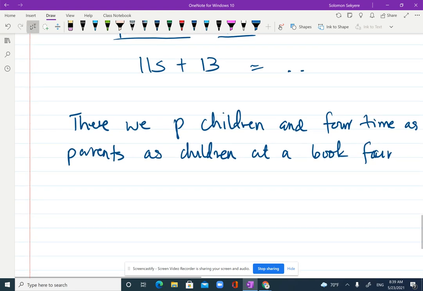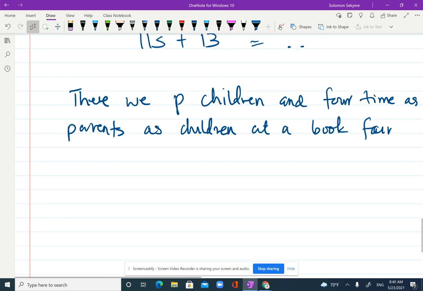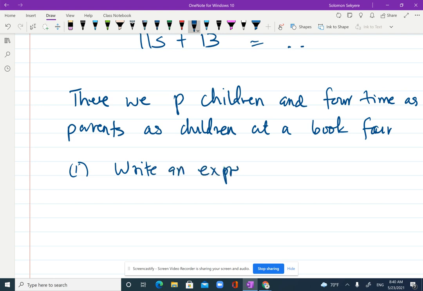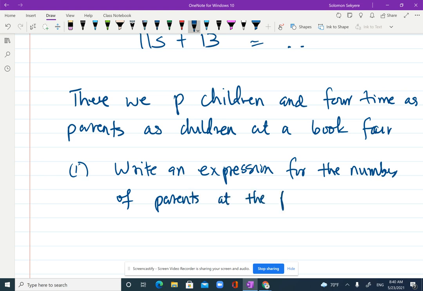Number 1, write an expression for the number of parents at the book fair.